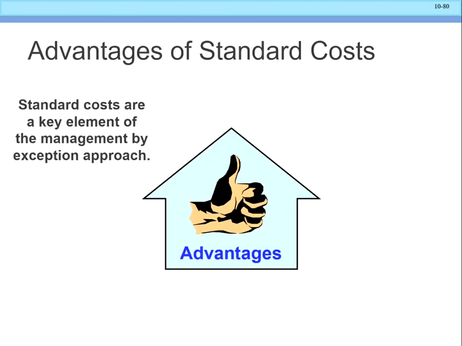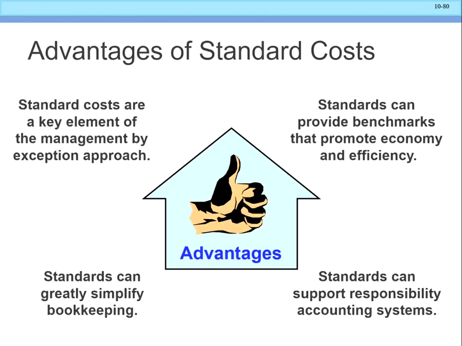Okay, so finally, what are the advantages of using standard costs? We are saying they enable management to do a management by exception approach by trying to look at areas that require improvement and give them more focus than other areas. Standards can greatly simplify bookkeeping, because we have a basis where we are starting from, so our bookkeeping becomes slightly easier.